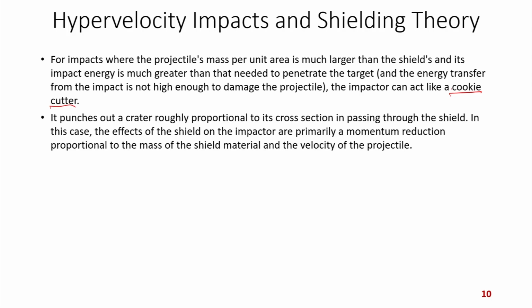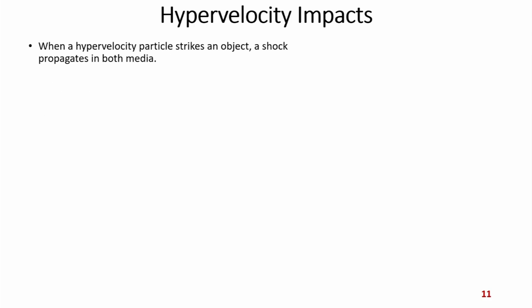So, what happens? It punches out a crater roughly proportional to the cross section of the impactor in passing through the shield. In this case, the effect of the shield on the impactor is primarily a momentum reduction proportional to the mass of the shield material and the velocity of the projectile. When the hypervelocity particle strikes an object, a shock propagates in both the media.